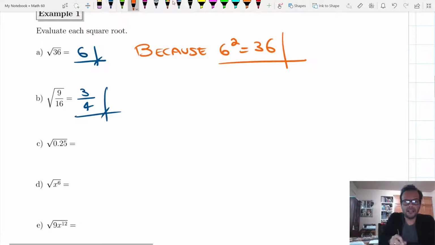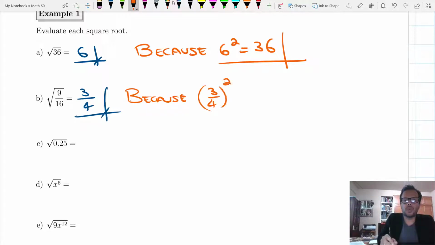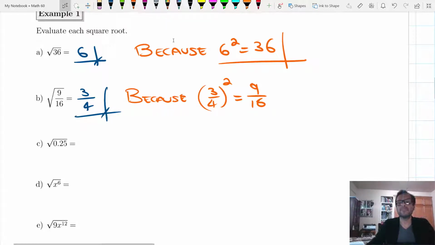And this is because the quantity 3/4 squared equals 9/16. In other words, it takes us back to what we have over here, right? Inside of the radical, which is the radicand, by the way.